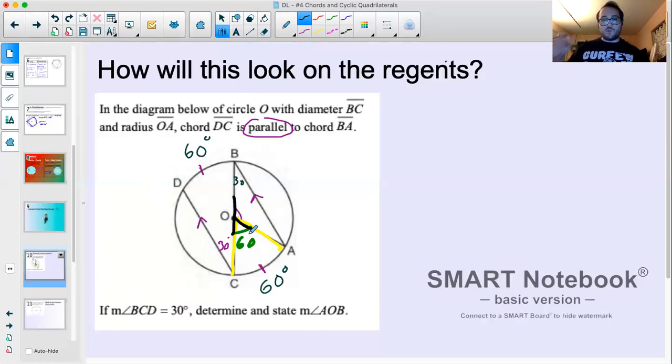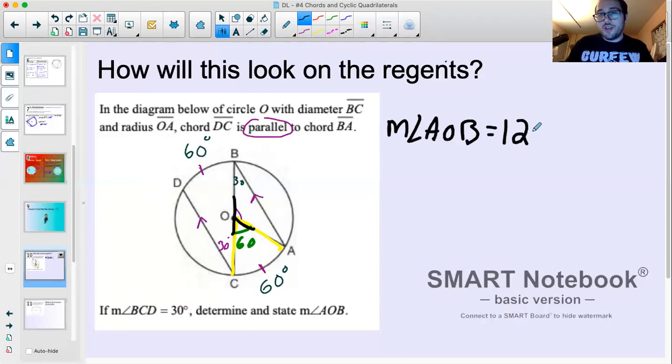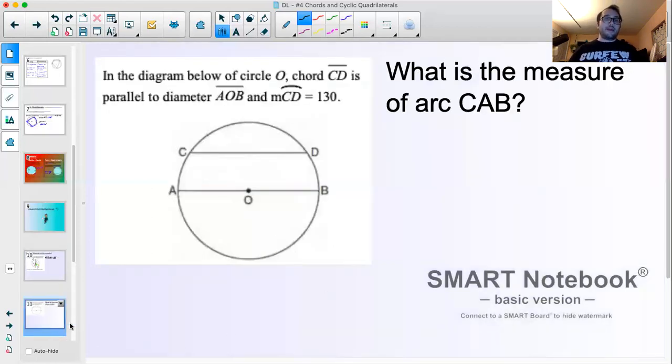So 60 plus what is 180? 120. Great job. So the measure of angle AOB is 120 degrees. Boom, done. All right, next one.